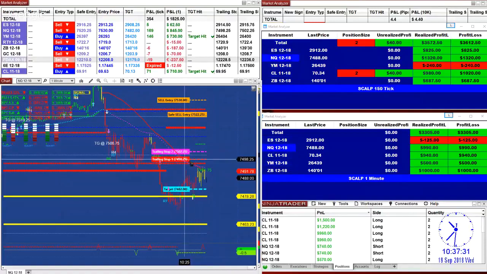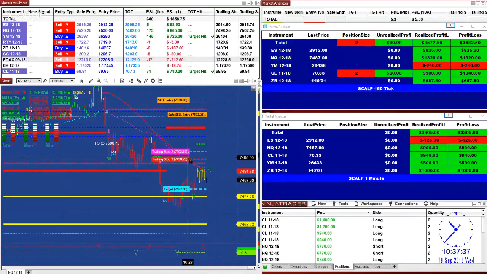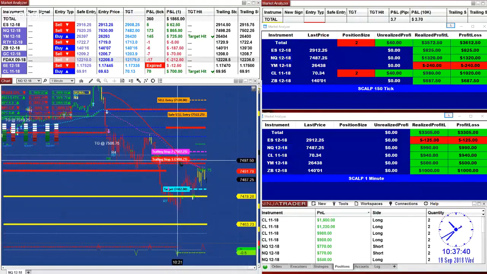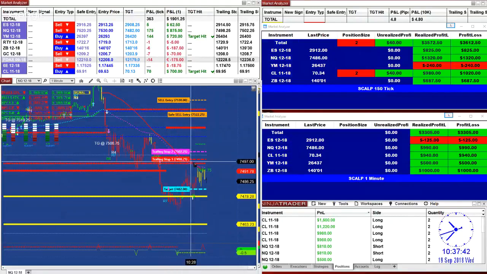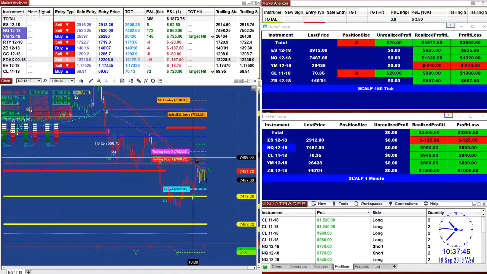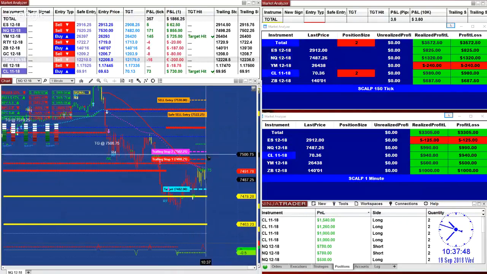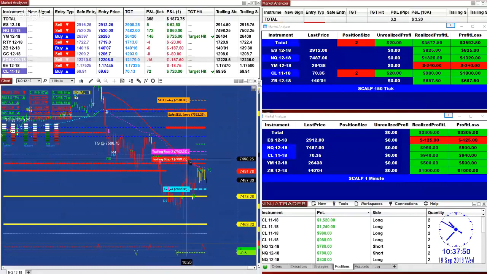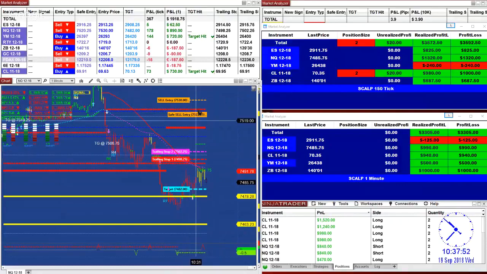As long as this Nasdaq is not crossing those areas here, we're only thinking short. We're only thinking short until we identify trend, pullback, re-entry. As long as this market is not able to break those areas here, we're thinking short and short only.